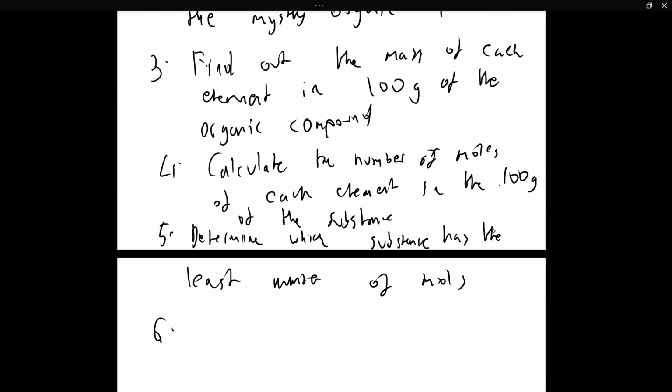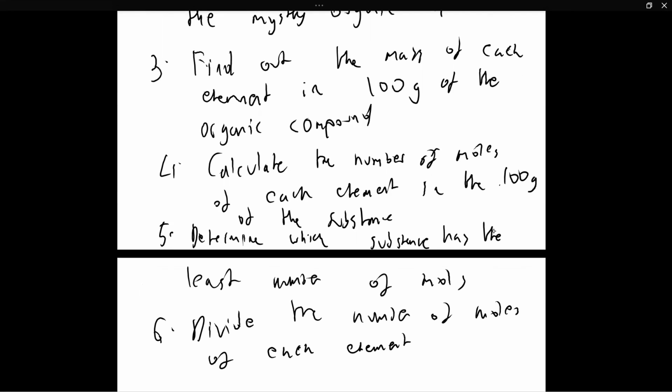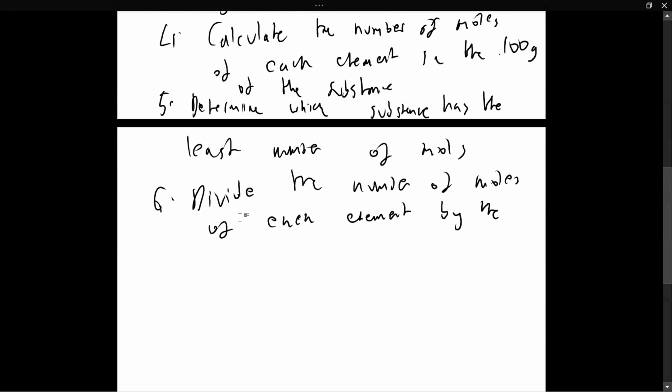And the sixth step, the last step, is to divide the number of moles of each element by the number of moles of the smallest, the least number of moles present in the organic compound. And I showed you how to do that earlier.